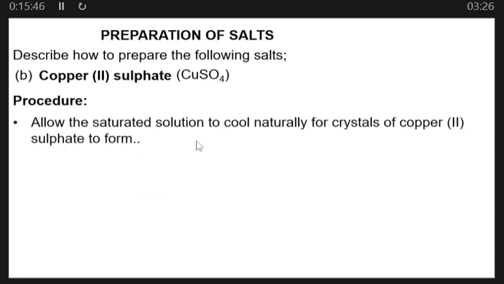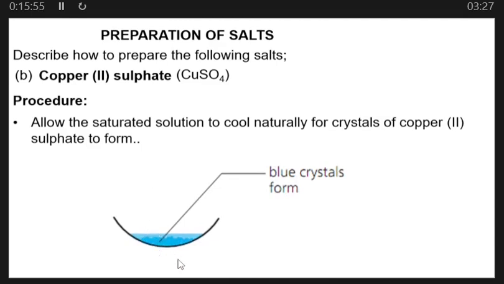Allow the saturated solution to cool naturally for crystals of copper 2 sulfate to form. So you allow no heat now here. You remove the heat so that it causes blue crystals of copper 2 sulfate to form here. All right. So guys, let's move to the next question.